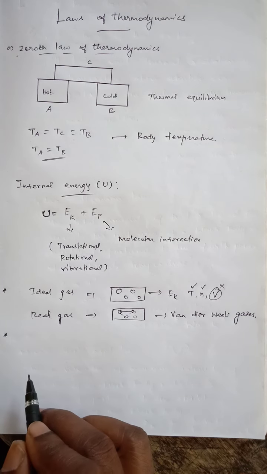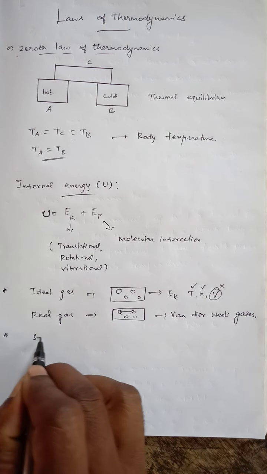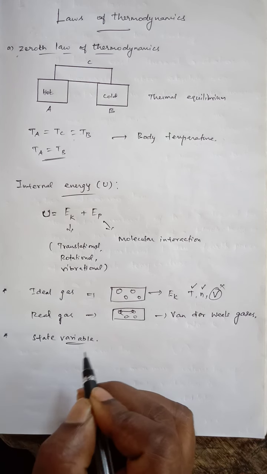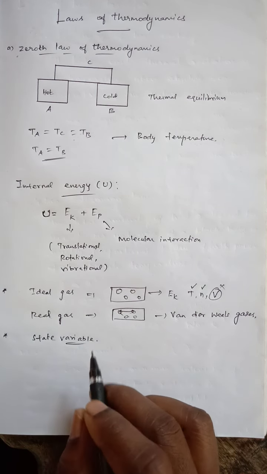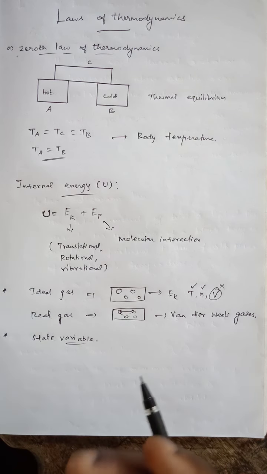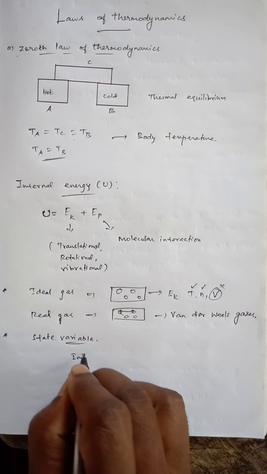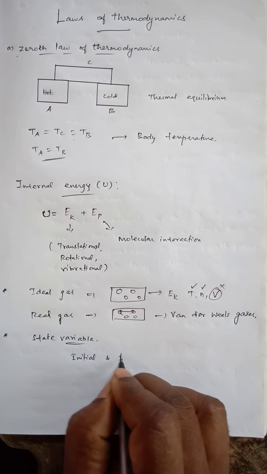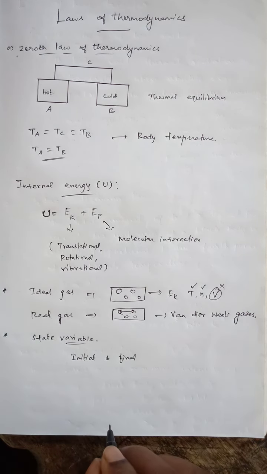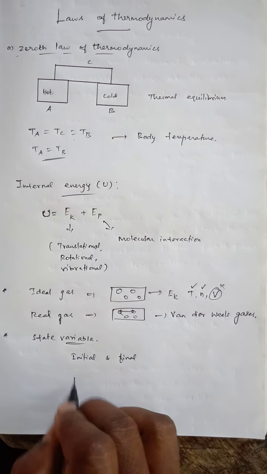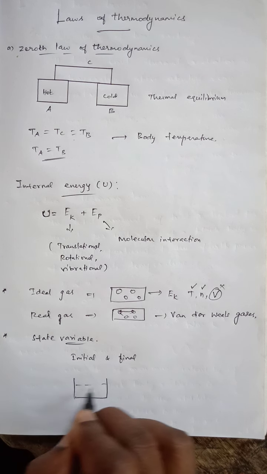The second thing is that internal energy is a state variable, which means it depends only on two values: the initial and final states of the body. For example, take a beaker and fill it with water.